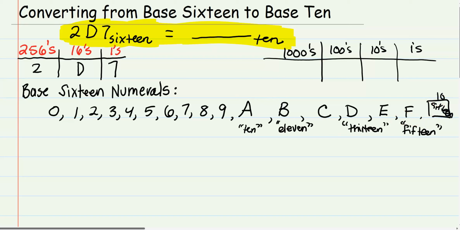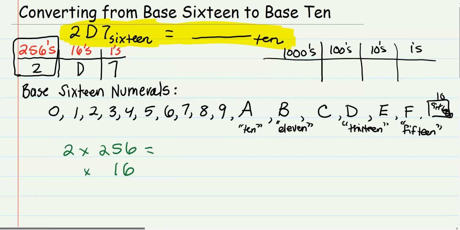So how does that work? Here we have two groups of 256, so we would say that would be 2 times 256. And then we have D groups of 16, so that would be D times 16.